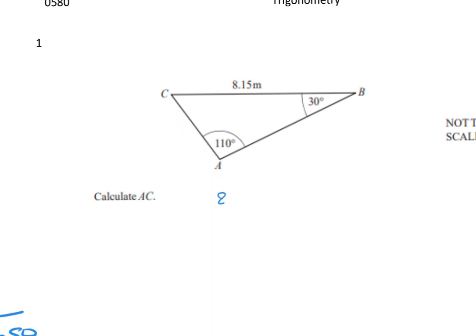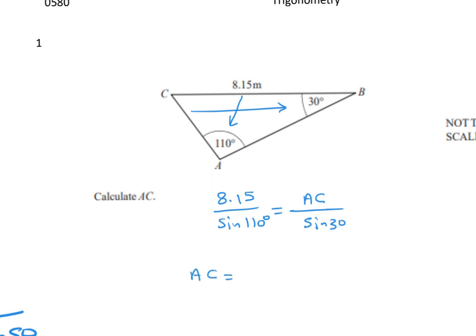Yes, so 8.15 over sine of the opposite angle, which is 110, equals AC over sine 30. So now AC equals? Because we just cross multiply. Yes.